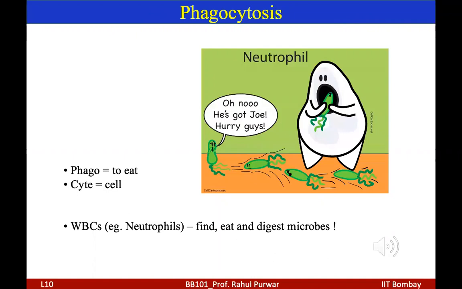After reaching the inflammatory site, neutrophils do phagocytosis. Phago means eating, cyte means cells. They engulf whatever they find, and they eat and digest microbes. Their job is phagocytosis, and that's why these cells are called phagocytic cells.